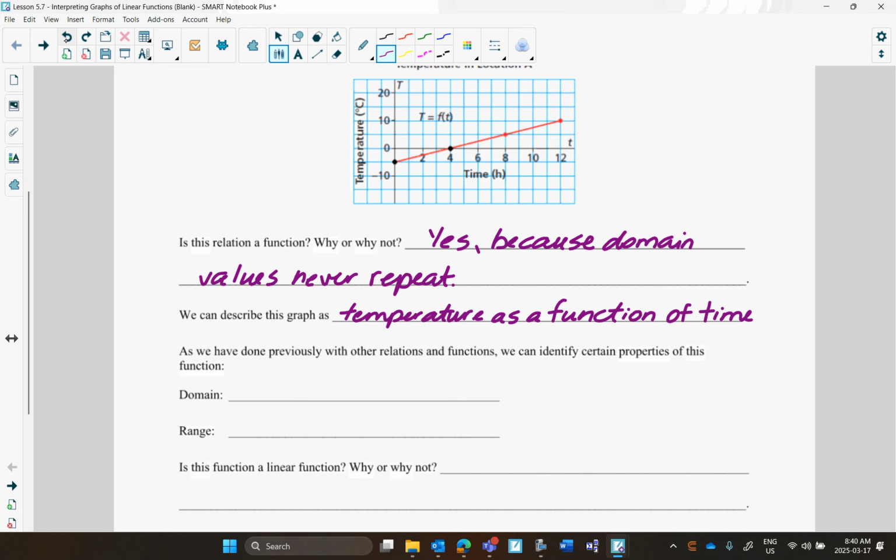Is this a point to the furthest left? What's its x value? 0. This is the point to the furthest right. What's its x value? 12. So it goes all the way from 0 to 12.